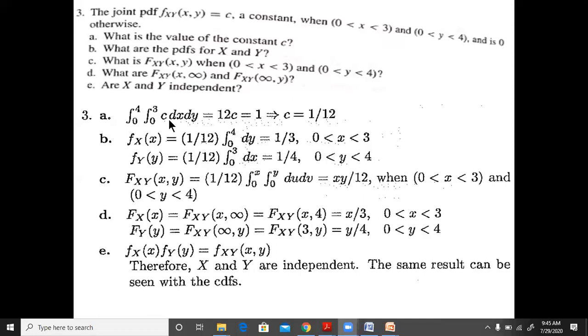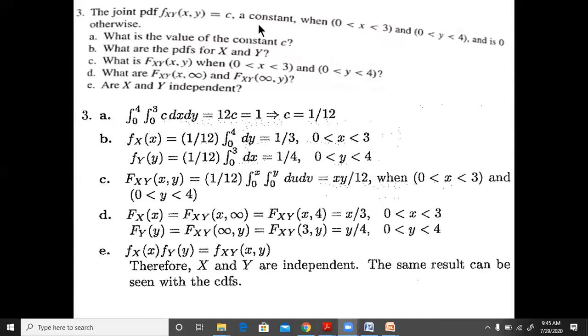If you substitute the limits 0 and 3, you get 3c. Then the integral from 0 to 4 of 3c dy gives 3c into y, limits 0 to 4, that will give us 12c, and that will be equal to 1. Therefore c is equal to 1 by 12.